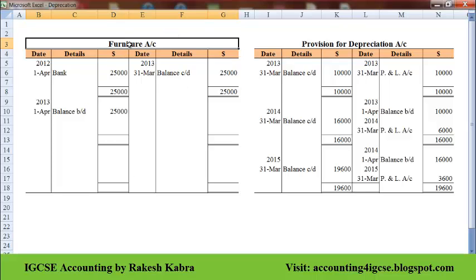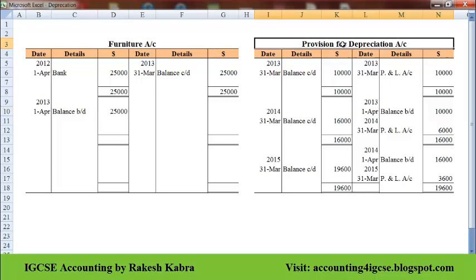There is no change in the value of furniture. In the first year it was 25,000, in the second year also it is 25,000. Though the value of furniture is reducing, in the books of account we will show furniture at its original value, and every year depreciation is accumulating in this contra account.